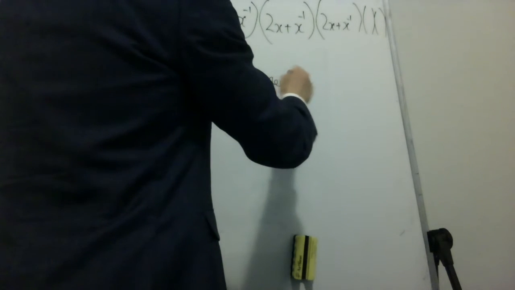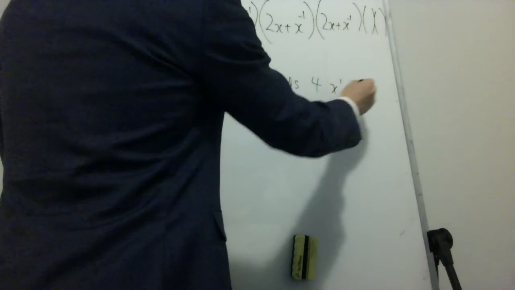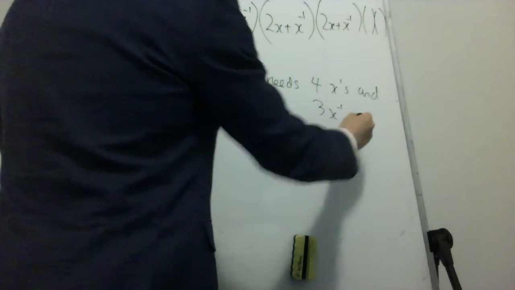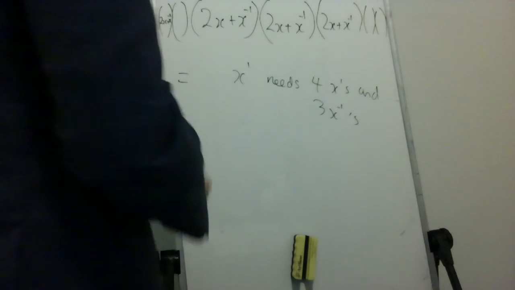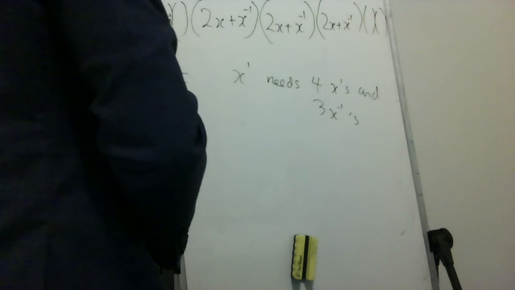Yeah, it does. And any time you get an x, you also get the 2, because the 2 and the x go together. So how do you get 4 x's and 3 x inverses?